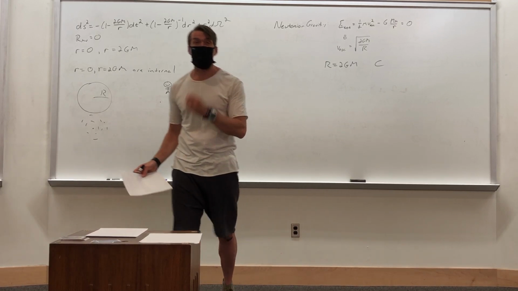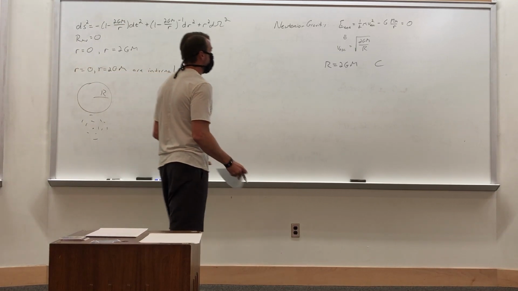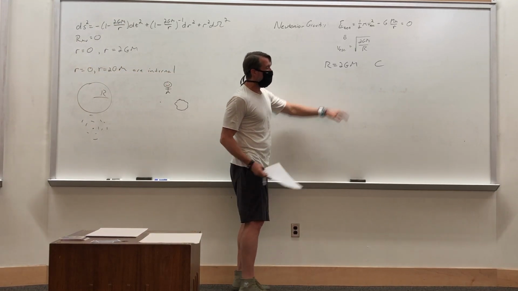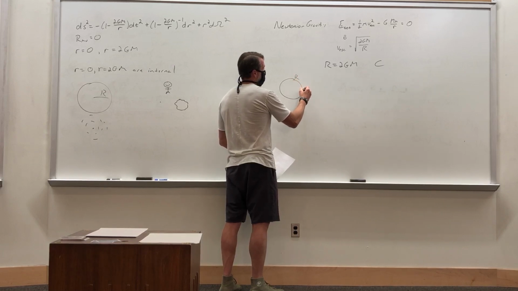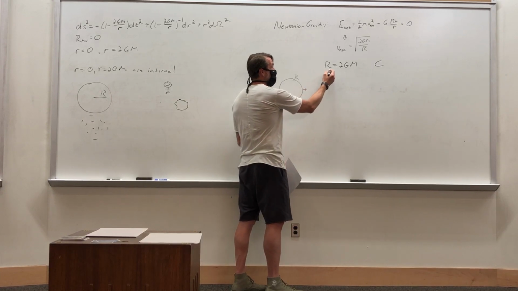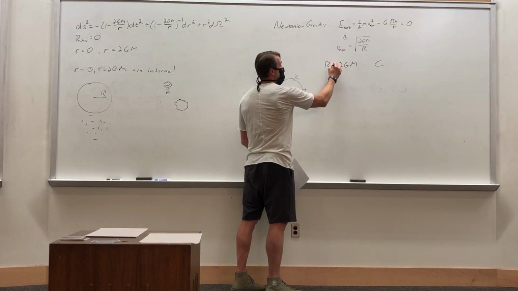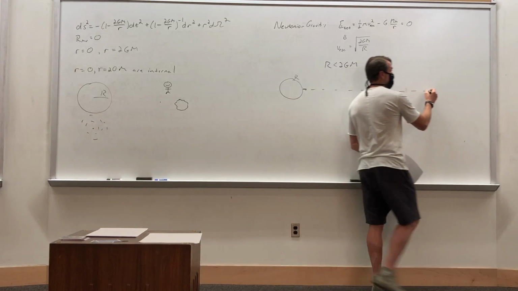Actually, this did not predict a black hole at all, period. Okay? First of all, if you are on the radius of this thing, and I thump you, even if R is less than 2GM, you can still move away.